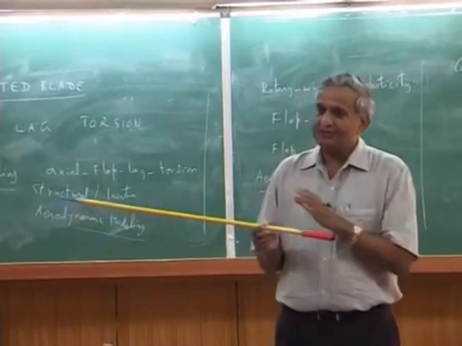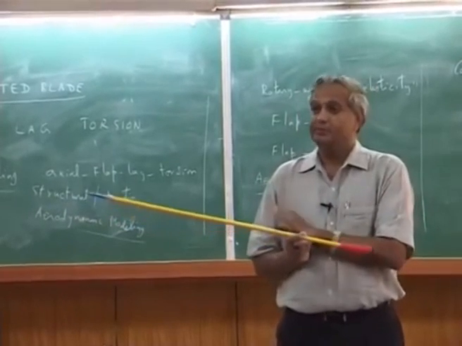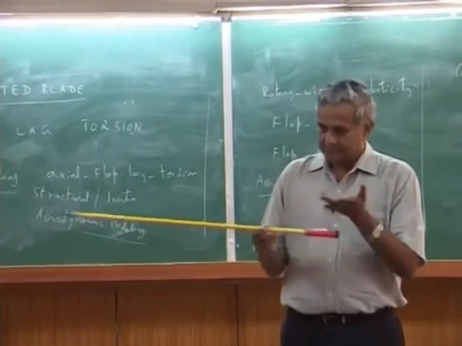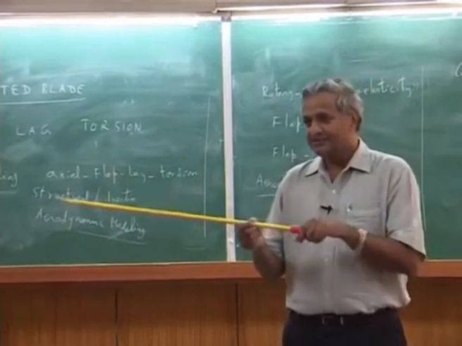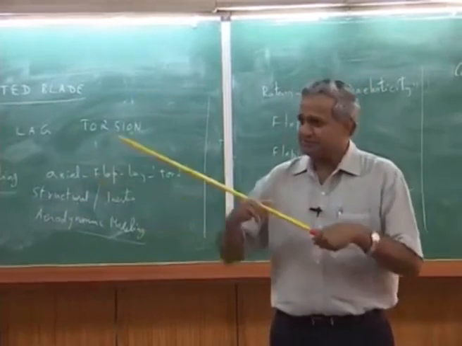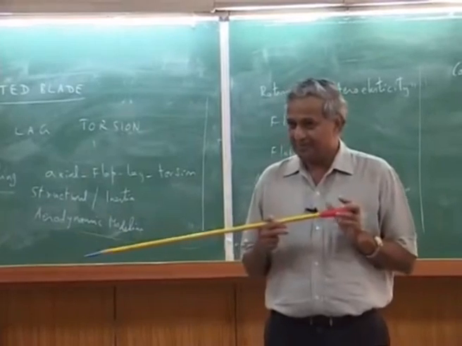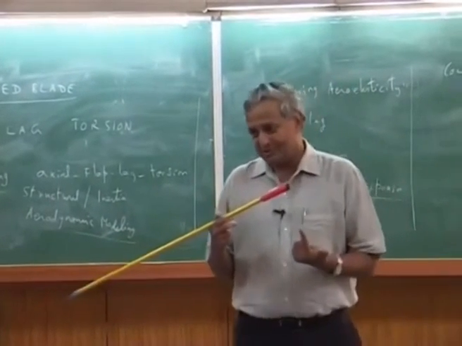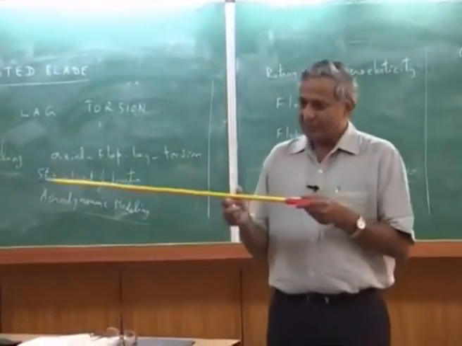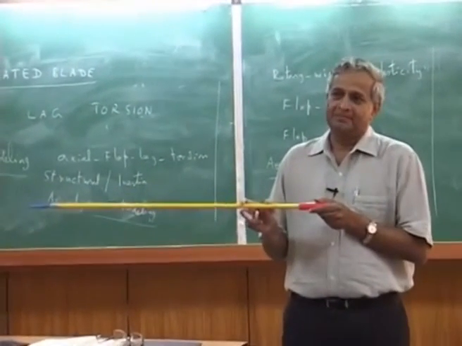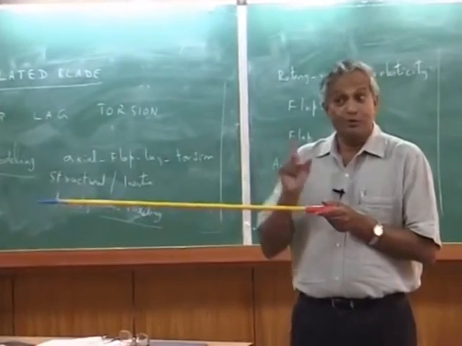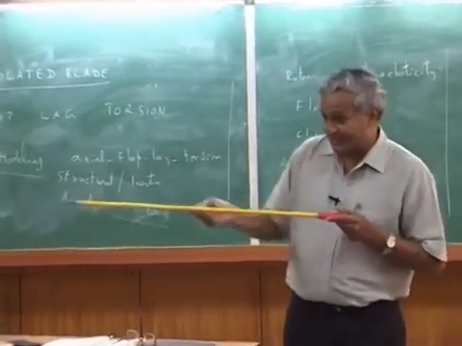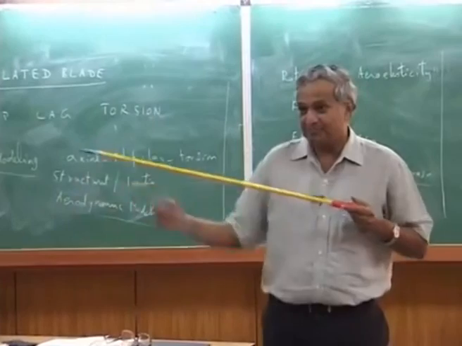So that will give you the bending moment: flap bending moment, lead-lag bending moment, and maybe torsional moment. Torsional moment normally goes to the pitch link load, so they measure the load on the pitch link. For flap, they put a strain gauge to measure the root bending moment. Please understand, it's not that they measure the entire motion at every section.